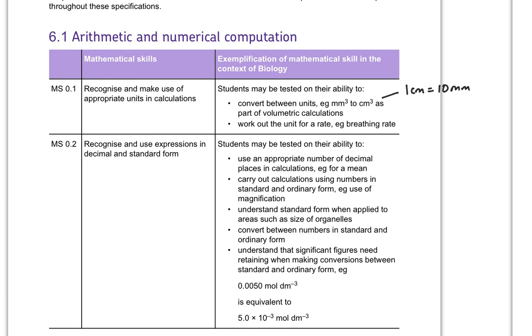Write down that one first, and then if I want to go to 1 centimetre cubed, then it's 10 millimetres cubed. Do 10 cubed, so that's 1,000 millimetres cubed. So write down the linear version, and then just cube it or square it depending on what you need to do, is my little tip.